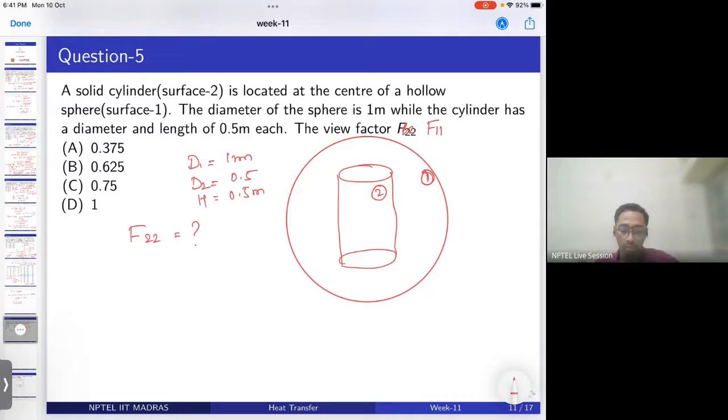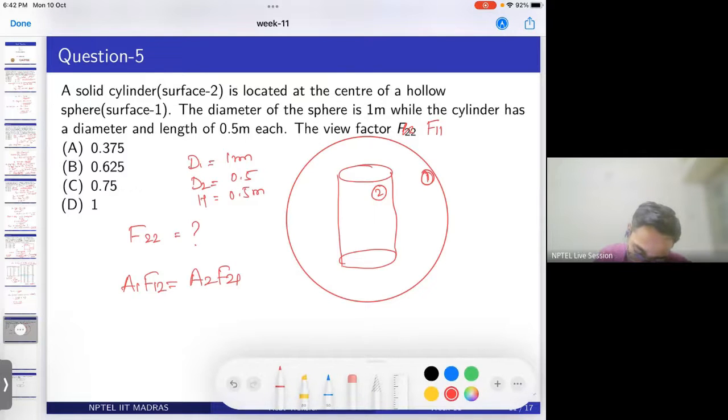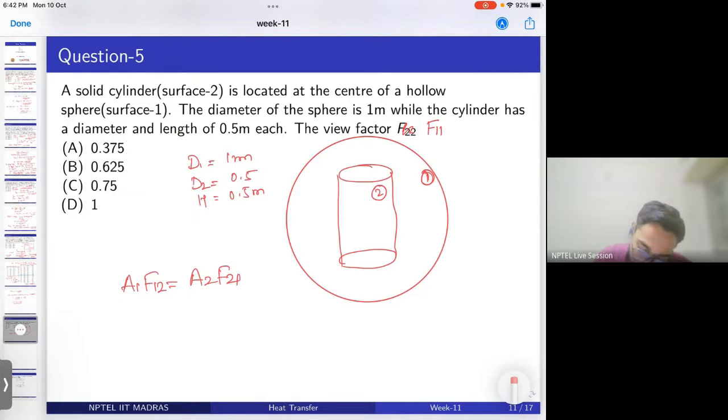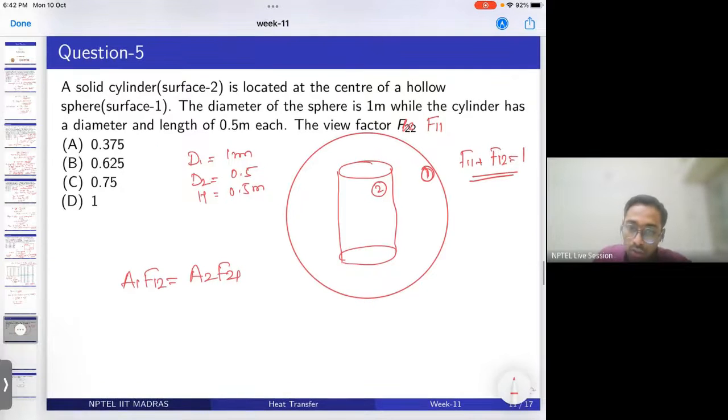That is F11. From the reciprocity theorem, we know A1 F12 should be equal to A2 F21, right? Also we know F11 plus F12 should be equal to 1, because whatever radiation is emitted from this sphere, a part of it will fall onto the cylinder and a part of it will fall on itself. So the sum should be equal to 1.